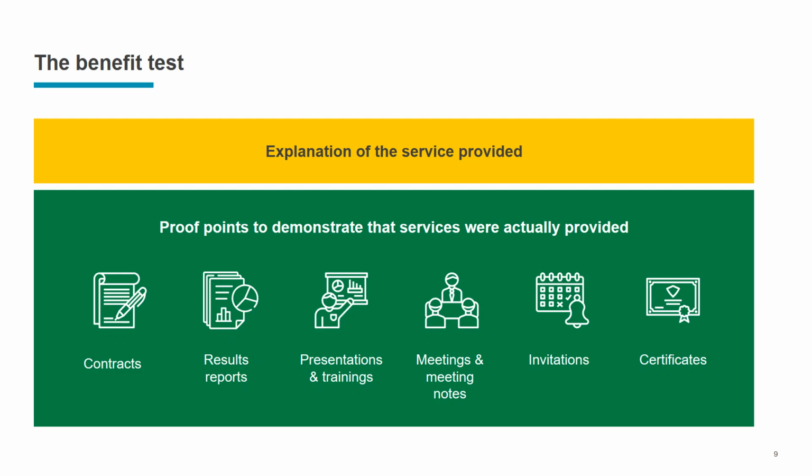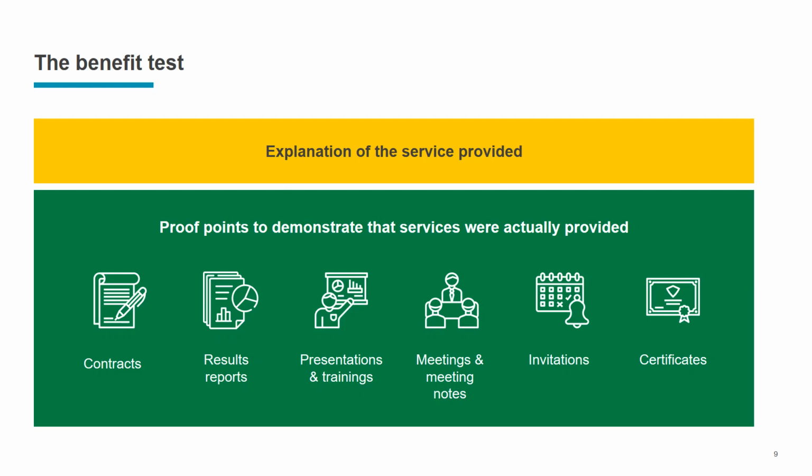However, many services can be difficult to demonstrate, and that's where I just put here several examples. So as a general rule, we should ensure that there are contracts and agreements in place that regulate services. And then as a proof point, we can demonstrate the result reports, presentations and trainings provided when the service was actually rendered, meeting notes, invitations, certificates.